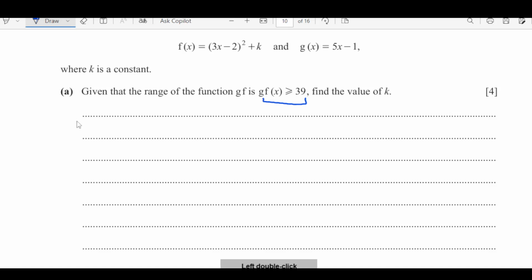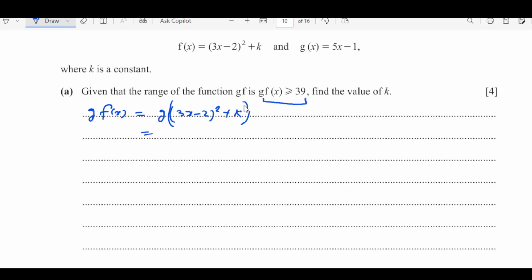So first of all, we will find g of f(x). For that, in g we are just going to replace x by f(x). So f(x) is (3x minus 2) squared plus k.